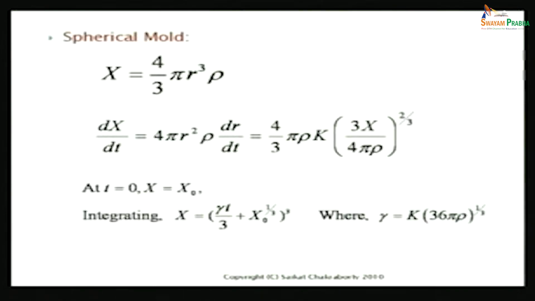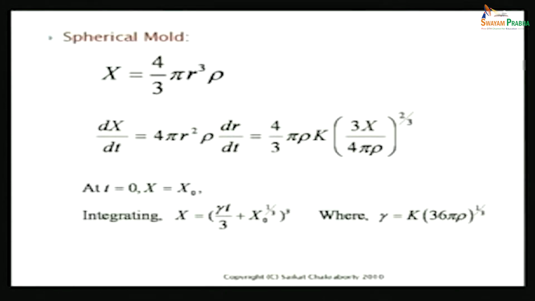So once you integrate, this is what you get: X equals some gamma t over 3 plus x naught to the 1/3, whole cubed. So what was your expression for the spherical mold?